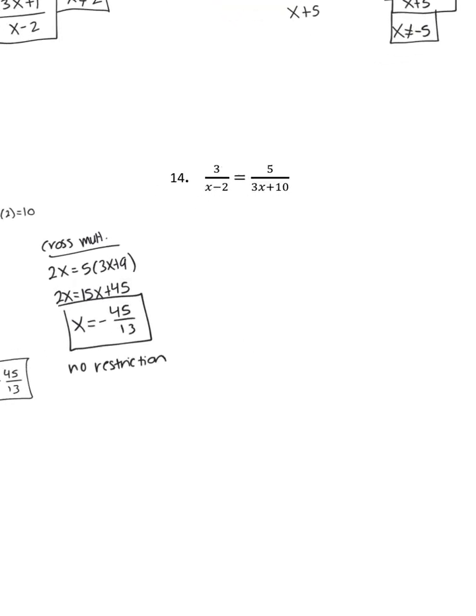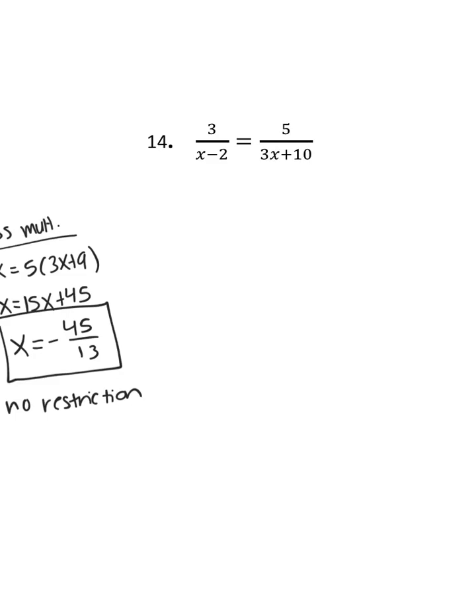Okay, number 13. I'm going to cross multiply this one. So we've got these, we've got these. So you've got 3 times 3x plus 10 equals 5 times x minus 2. And you're going to distribute what's in front.